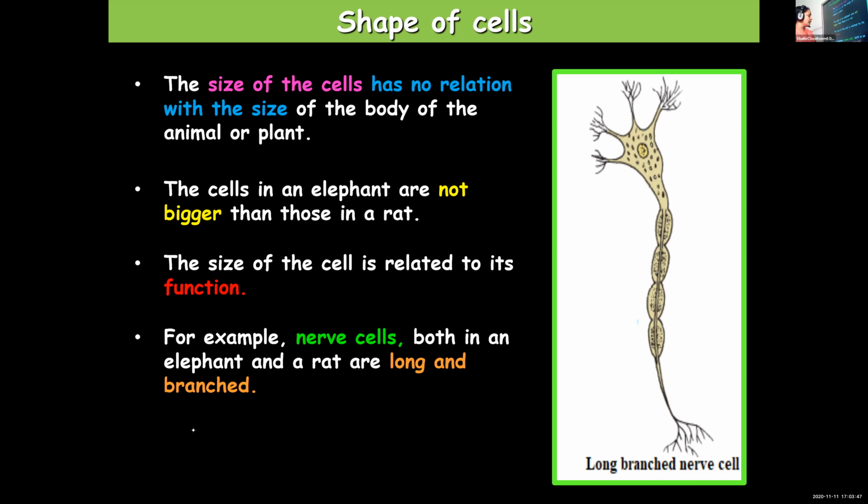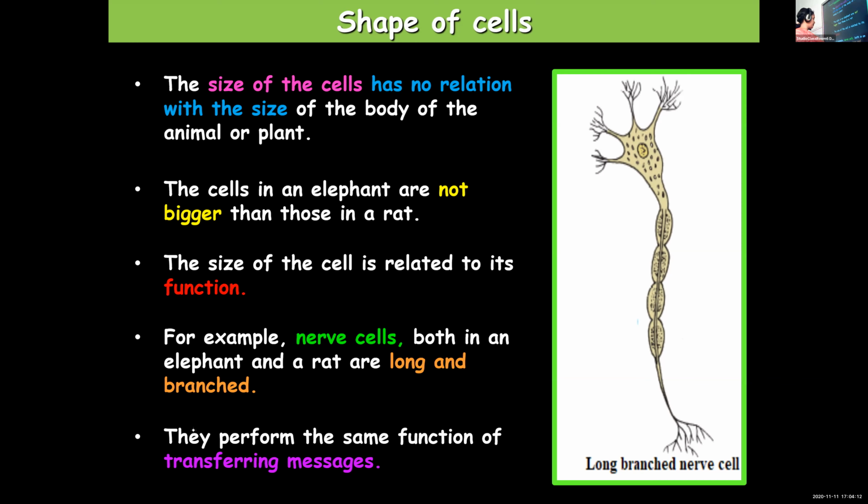Whether it is an elephant or a rat, the function of nerve cells will remain the same, that is to receive and transfer messages. To facilitate this function, nerve cells should be long and branched in an elephant, a rat, or even an ant, or whichever organism has a nervous system. They'll have the same type of nerve cells, but the number of cells can be different. They perform the same function of transferring messages.